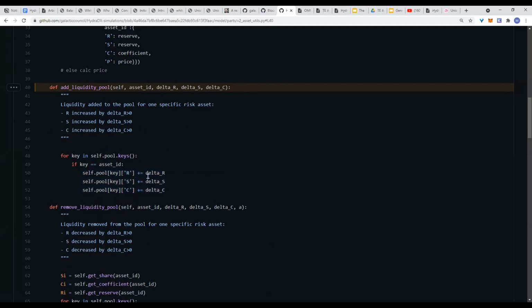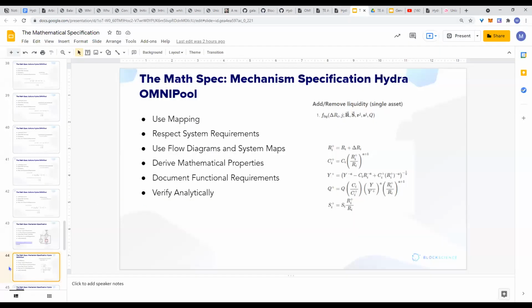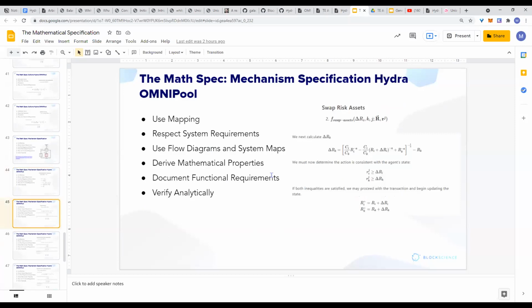So this method is really just doing the accounting, but this is doing the computation of what the values are. Obviously the R was just coming in, that's the amount that's being added, so no computation needed there. Hopefully you're getting a flavor for both how they look and how they're modeled.